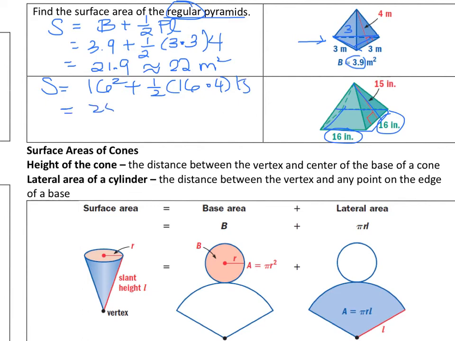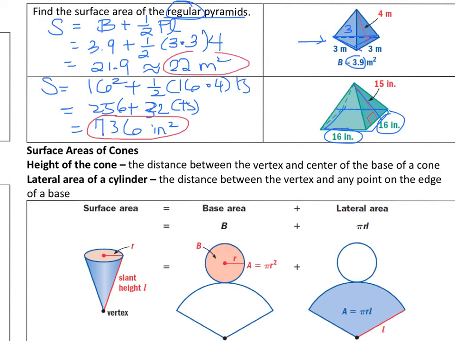And we do the math, 256 plus 32 times 15, and 736 inches squared should be your answer. Let me just circle that answer in red so you can see it better.